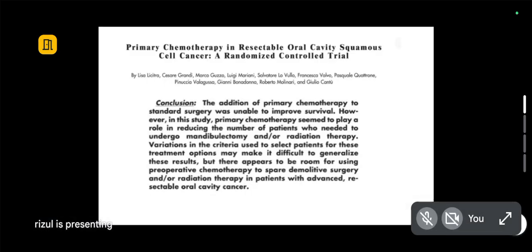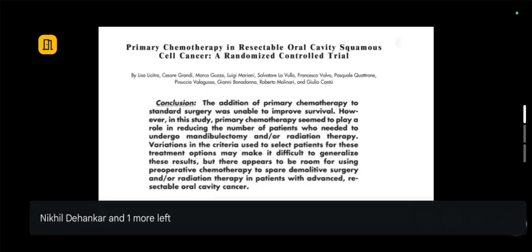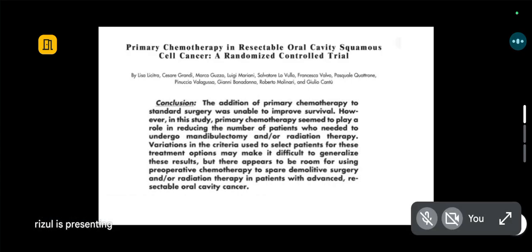It is a combined result, whether it be oral cavity, oropharynx, or laryngopharynx. So that has to be highlighted.